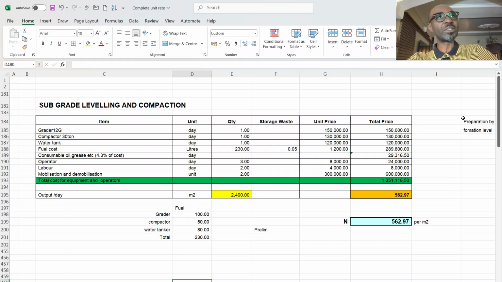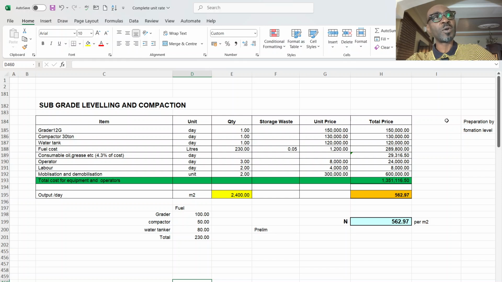He's just cutting to the formation level, and the cutting will not be perfect. So it's expected that you now perfect it to the slope and the level that the designer has stipulated in the design. That is when this exercise comes in.